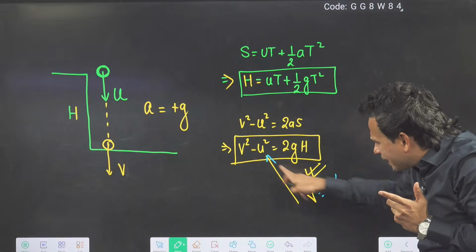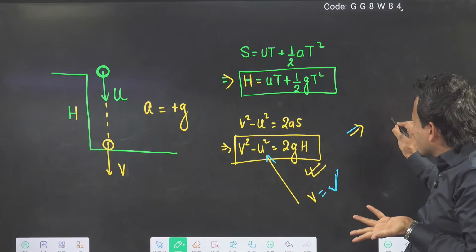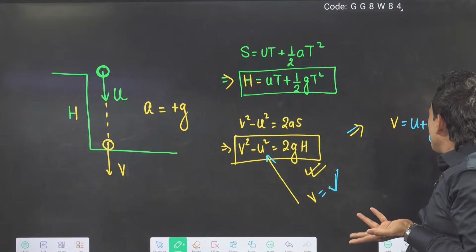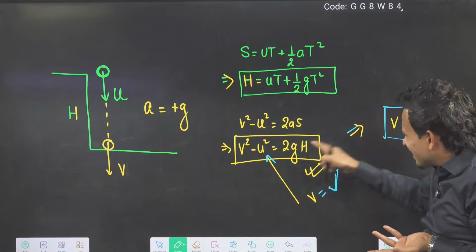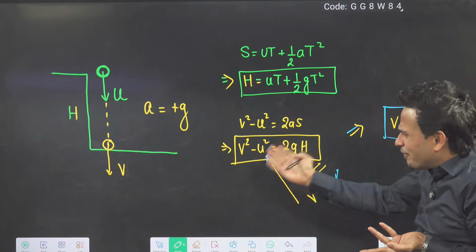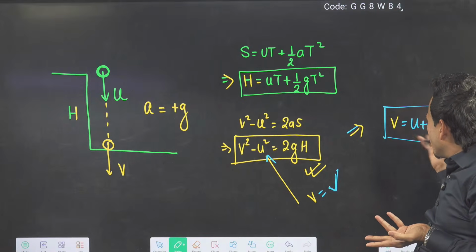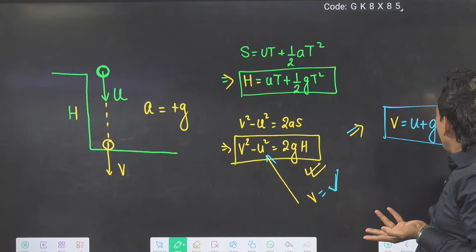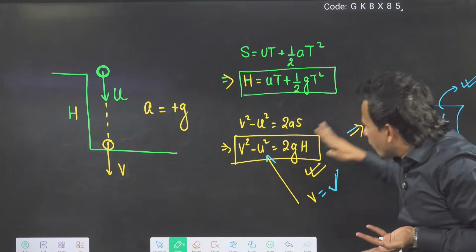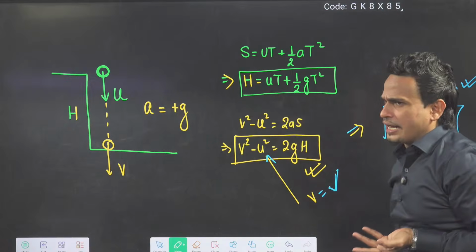Once from this equation you get v, then time you can directly calculate using the first equation, v equal to u plus at, where a will be g into t. This is not any quadratic. This will give you the answer in one line. So time is more easily calculated by combining the third equation and first equation instead of using the second equation directly.